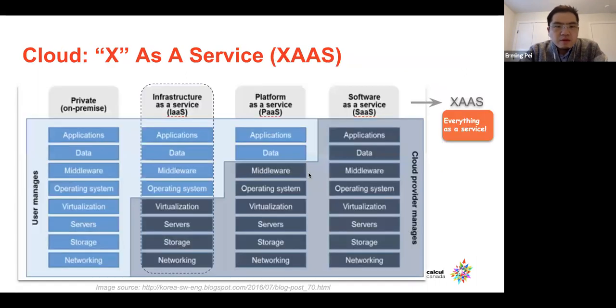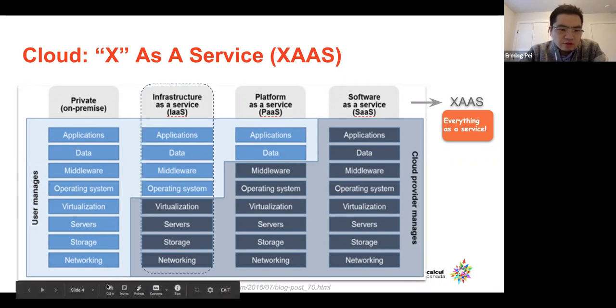As I mentioned, the target of cloud is to make everything a service. This slide shows how much effort you need at different levels of service. With a traditional on-premise system, you need to do everything, from network, storage, server, operating system, middleware, and data, to the applications.